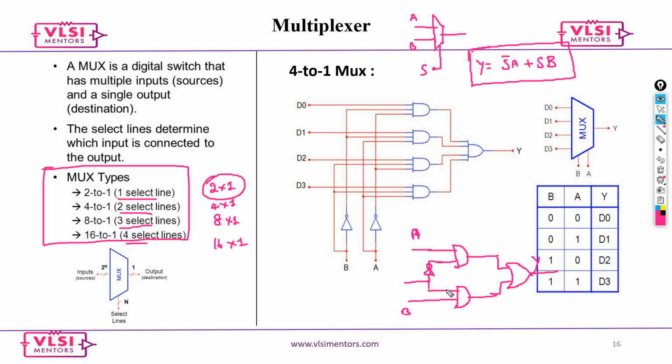This is how you can implement your logic. So this is S bar A and this is S B, and this output is going to be S bar A plus S B. You guys are getting it?